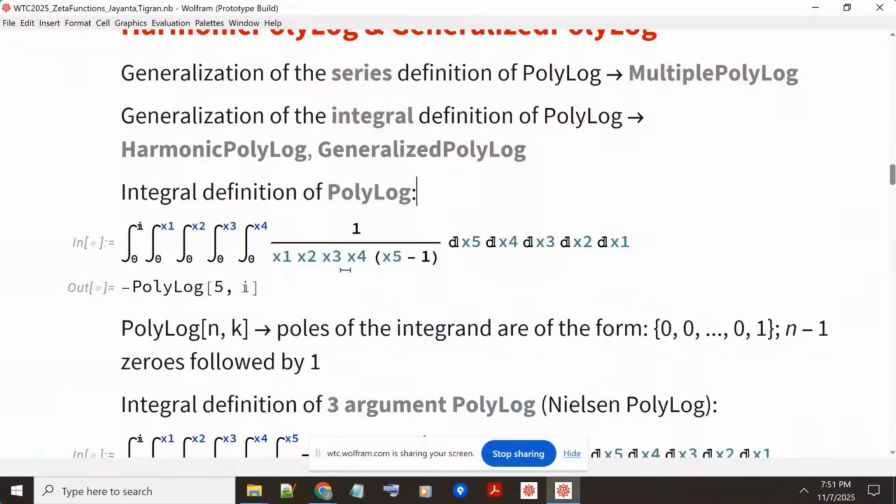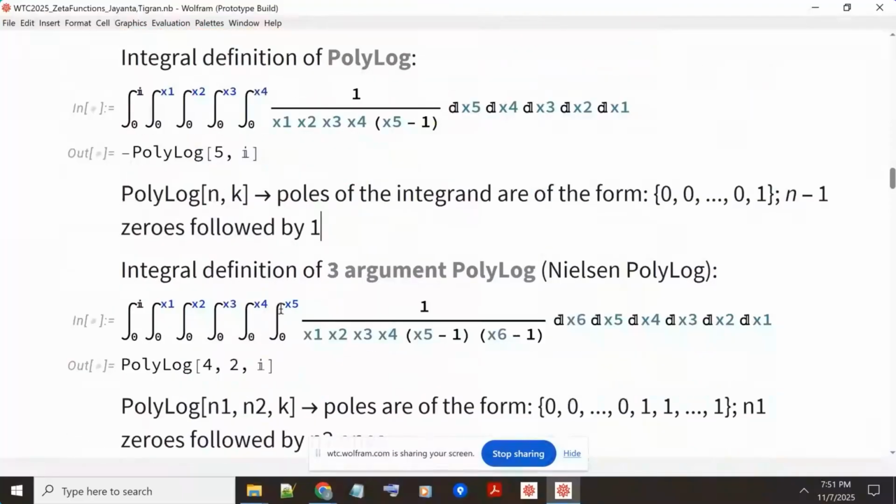Basically this 5 here means that we have 4 poles of magnitude 0 followed by 1 pole of magnitude 1. And the second argument comes here as the upper limit.